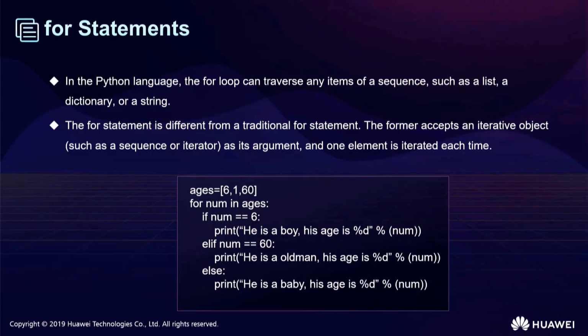If the list age equals the three numbers 6, 1, 60, and we use the for statement to access each element: if the number is equal to 6, we print he is a boy, and his age is 6. Then we judge if the number is 60. If it is true, we print he is an older man and his age is 60. If not, the number must be 1, and we print he is a baby and his age is 1.